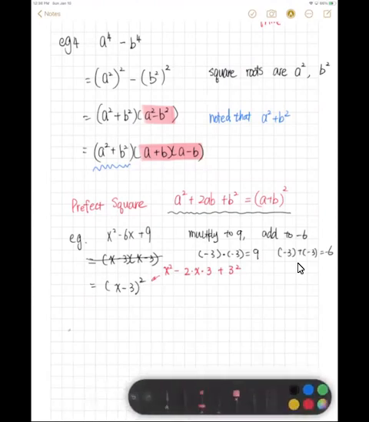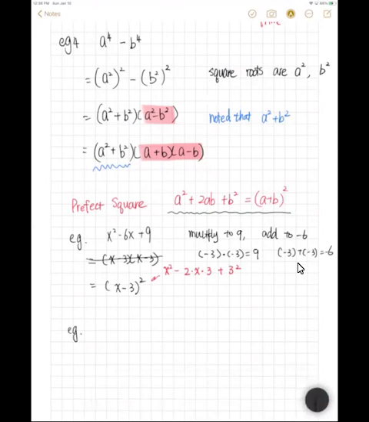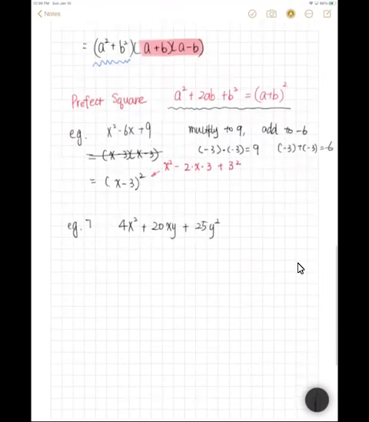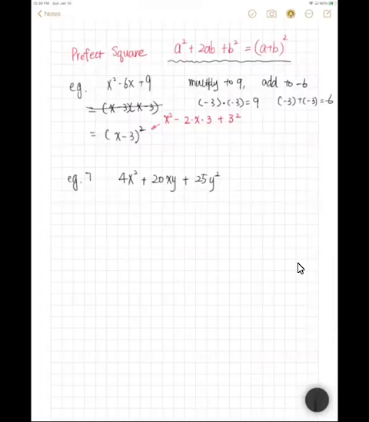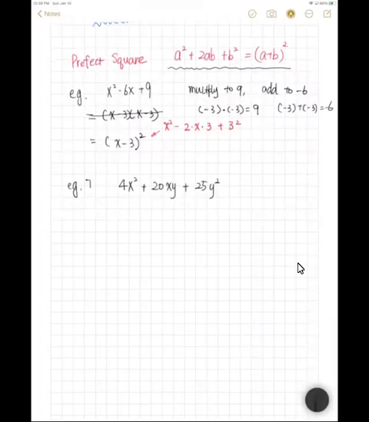Okay, so the next would be 4x squared plus 20xy plus 25y squared. Okay, so now we need to convert each term to fit our a squared plus 2ab plus b squared. Then we can apply our formula.